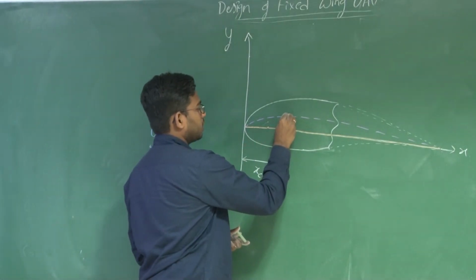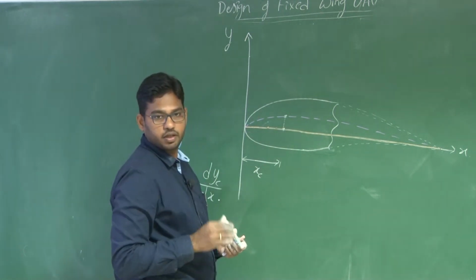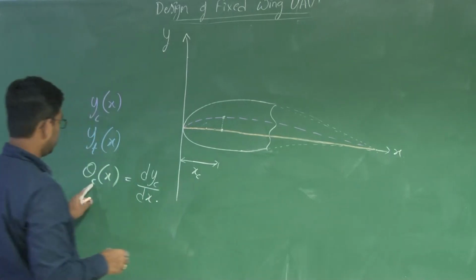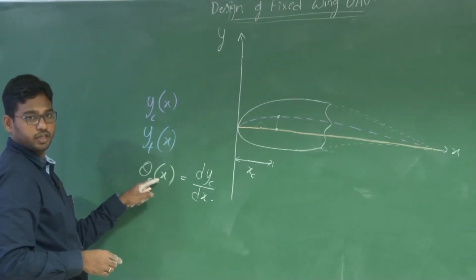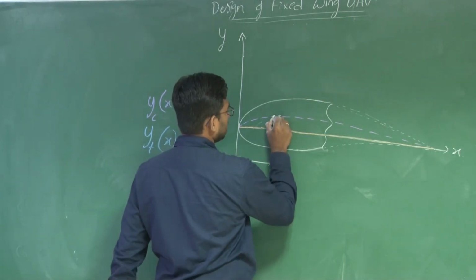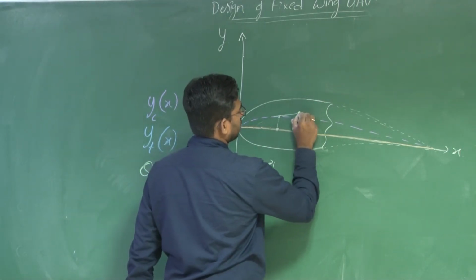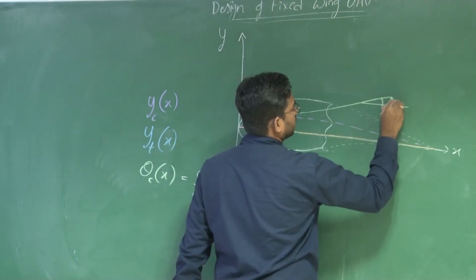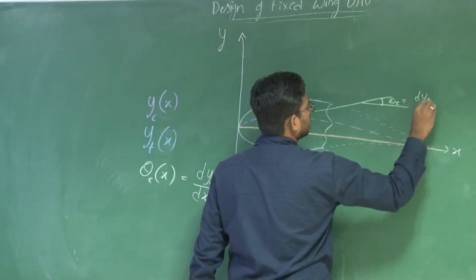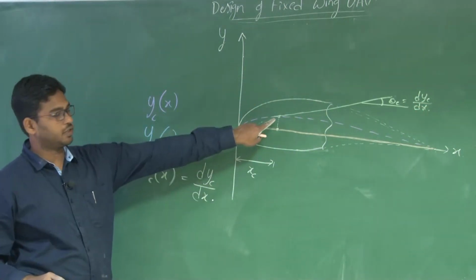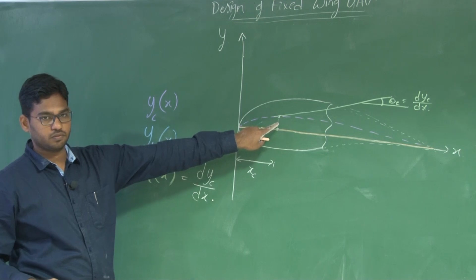So this is my corresponding coordinate of the camber line. Now I know the slope here, because theta of the camber line at that particular x I know, right? Theta of c is equal to dyc by dx. If I draw a tangent at this point, right?